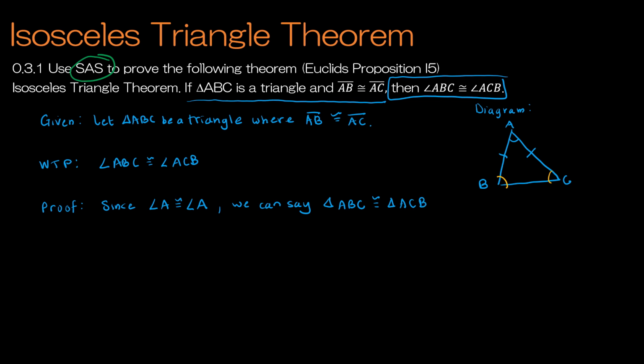So again, I've said I've got side BA, angle A, side AC is congruent to side CA, angle A, side AB. So it's the same triangle, which of course makes sense, but we're saying that those triangles are congruent, and the order in which I say those triangles are congruent is obviously quite important because it tells me which sides correspond to which sides.